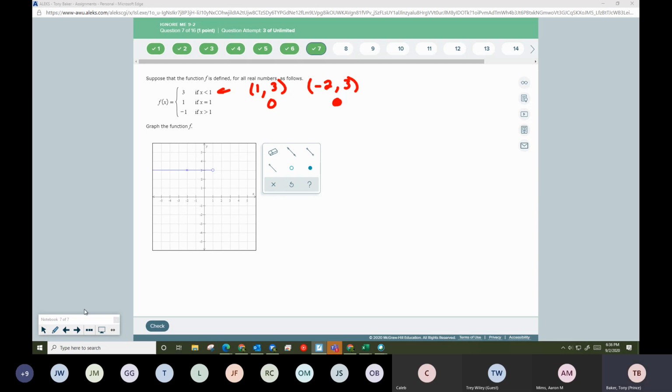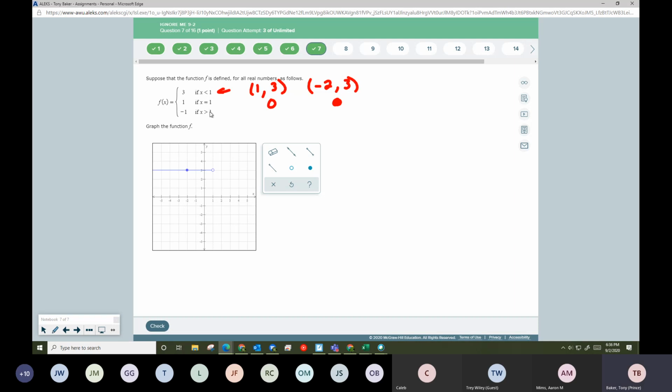So I could put a closed dot there. And then I would draw my line through that because it keeps going all the way down. It never actually ends. So there's not two endpoints like in the last one. There's only one.